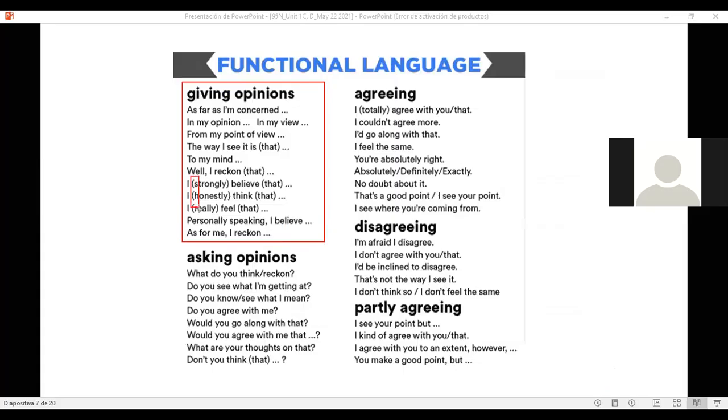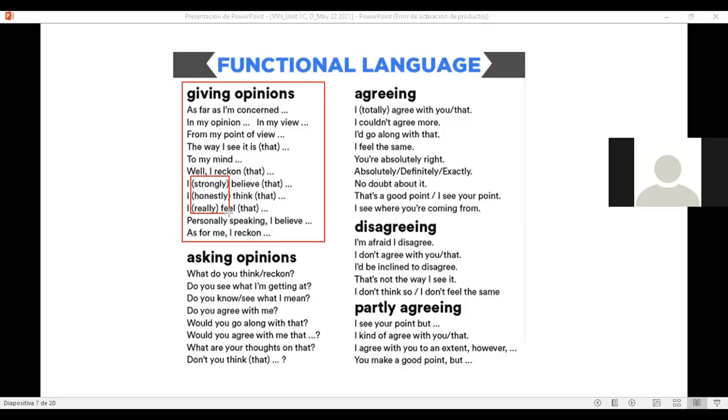Remember that you can use some adverbs before the verb. Antes del verbo, para darle un poco más de fuerza, un poco más de intensidad a nuestra opinión, podemos añadir palabras como, por ejemplo, strongly, honestly, or really. ¿Sí? Nos dan un poco más de fuerza.